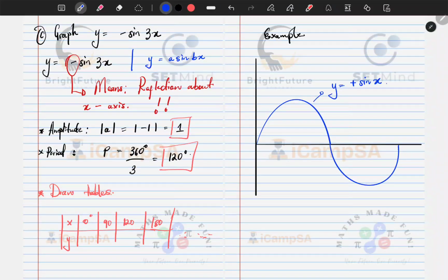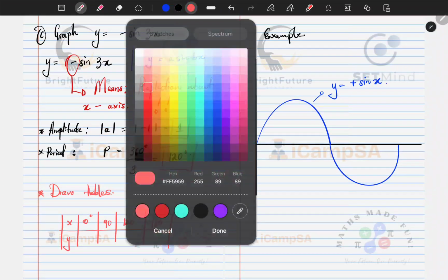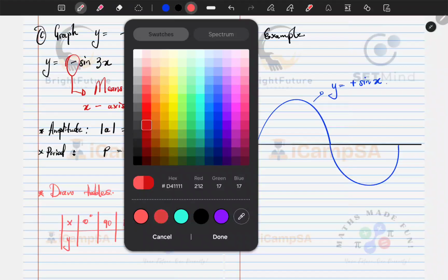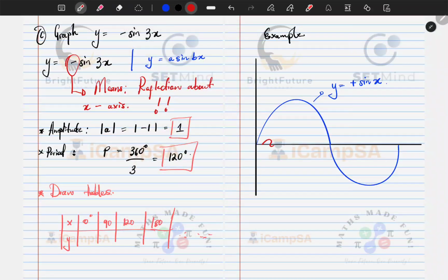Now take, for instance, y equals negative sine x. That is what we mean by reflection about the x-axis. This is how your graph will look.